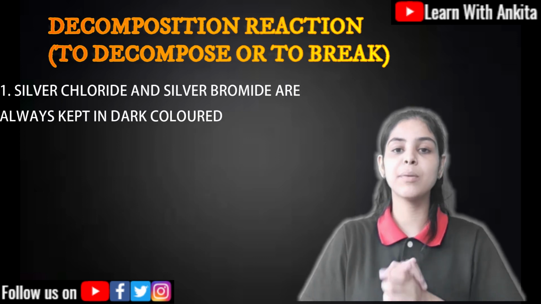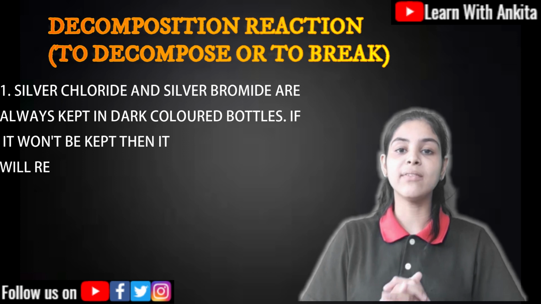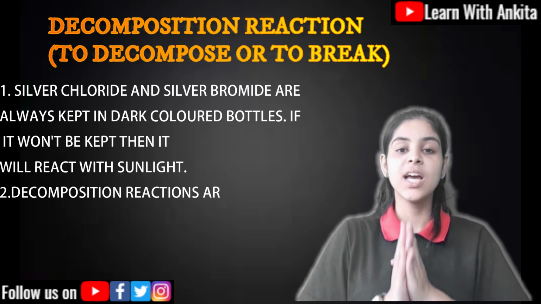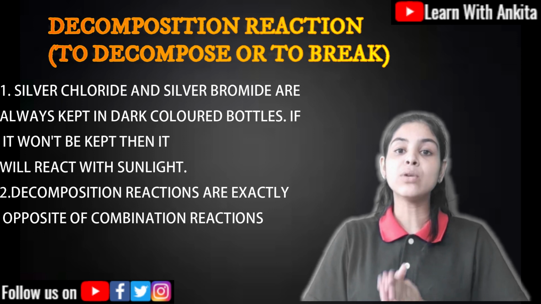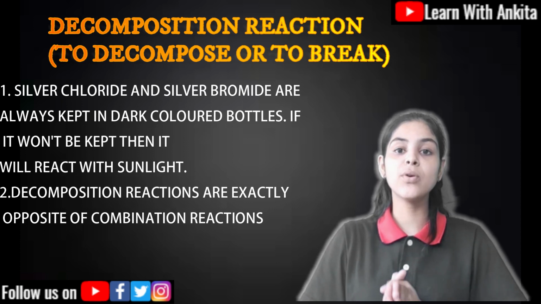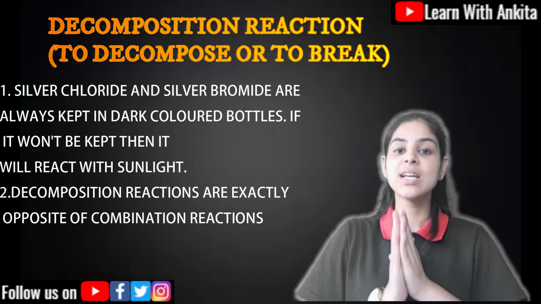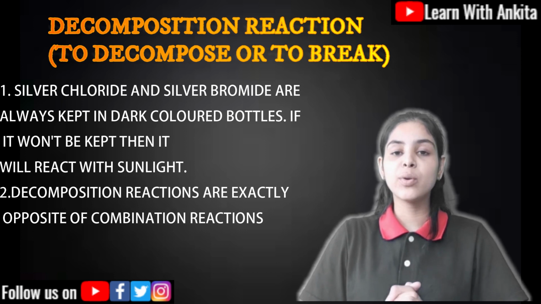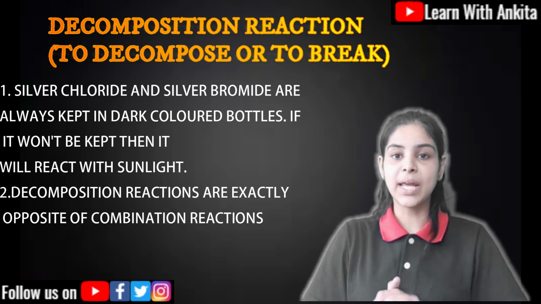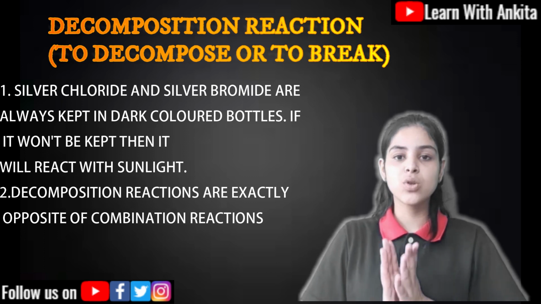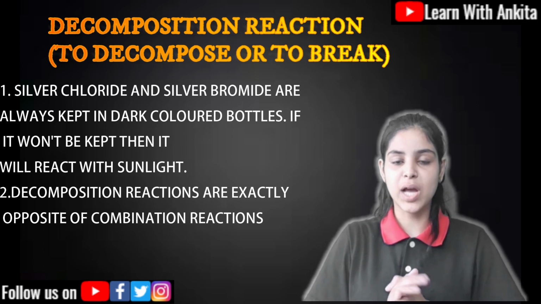If I take silver bromide, when it is kept in the sunlight, it will break up into silver and bromine. Silver chloride, when kept in the sunlight, will break into silver and chlorine. This was all about the decomposition reaction.